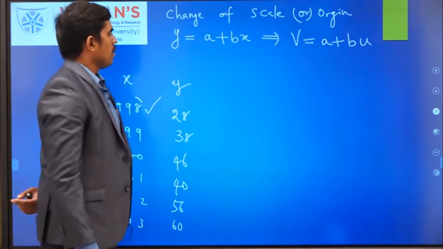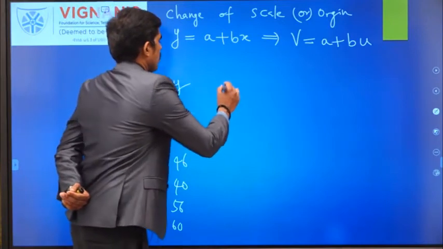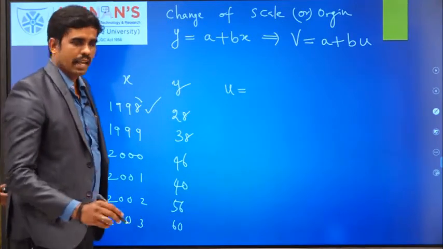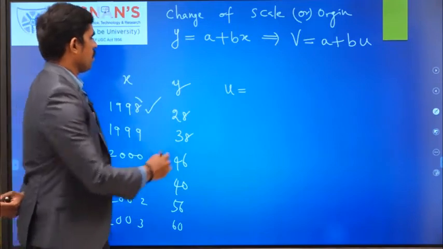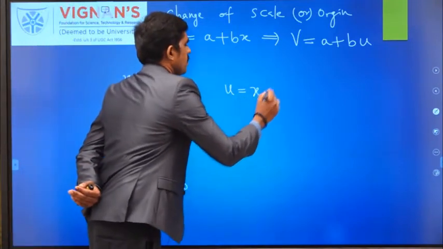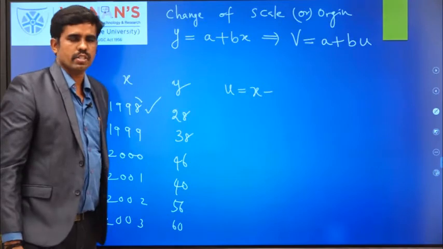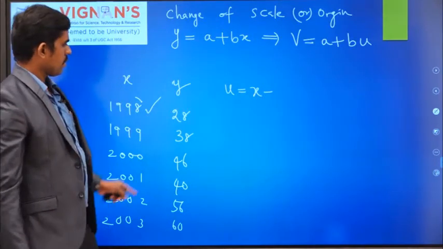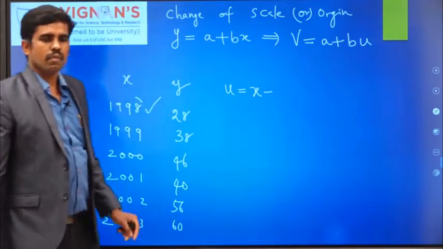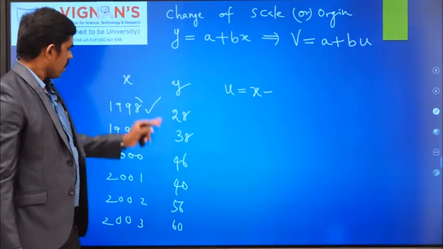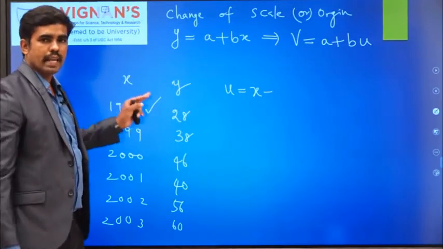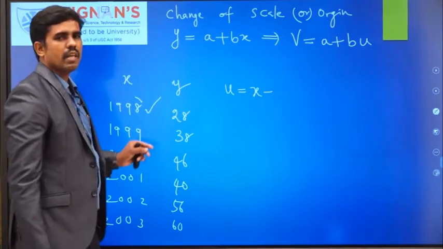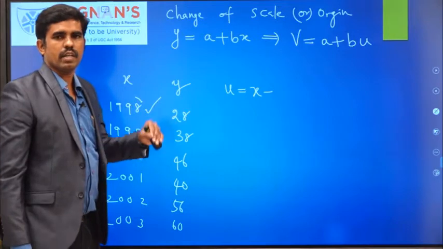What is the use? u is equal to x minus something; I am going to change the scale of the x value, like a deviation. I subtract from x one value of your choice, which is very near to the average value.